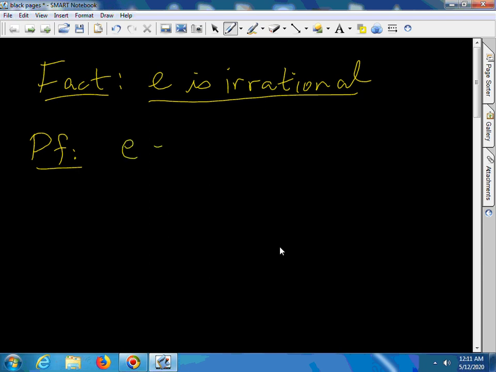e is known to be 1 plus 1 plus 1 over 2 factorial plus 1 over 3 factorial forever and ever. Now we're going to define a partial sum of e.